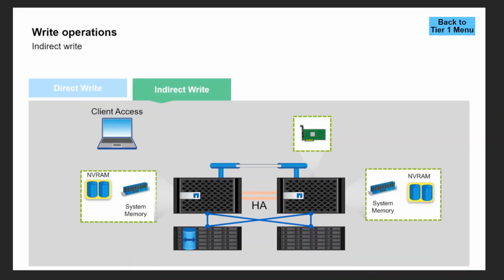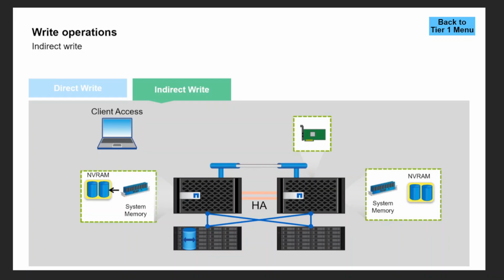In this diagram, a client in the QA department wants to save a report in the engineering department's volume. The QA client is connected to the storage system on the left. The write request is sent from the client to the engineering volume on the left storage system. The write request is processed by the node to which the client is connected. The write is redirected through the cluster interconnect to the node that owns the volume.